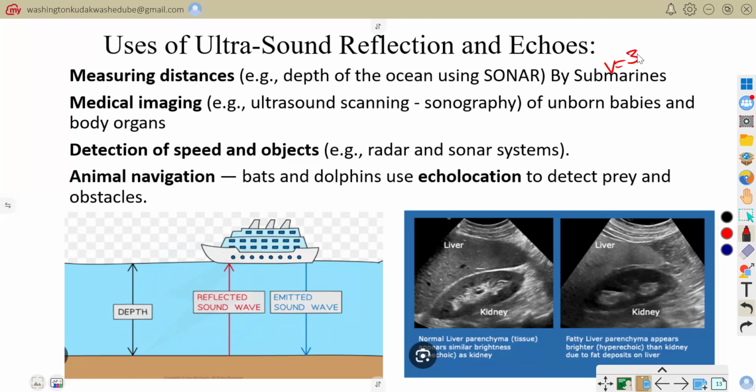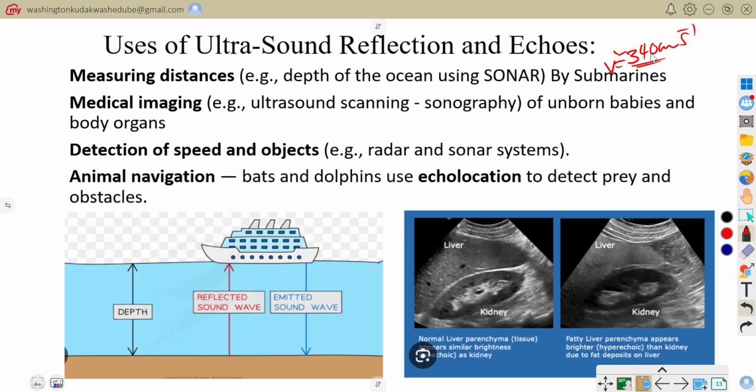The approximate speed of sound is usually 340 meters per second. So through the reflection of these sound waves, when we emit them in the ocean through a sonar detection unit, we'll know its speed. And then we measure the time it takes to be reflected back.